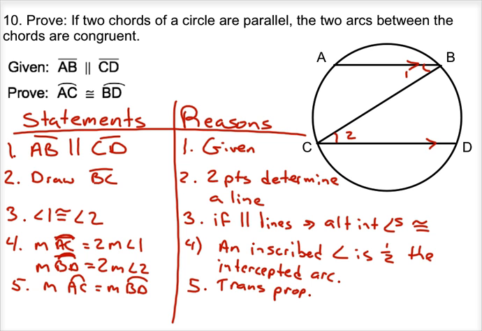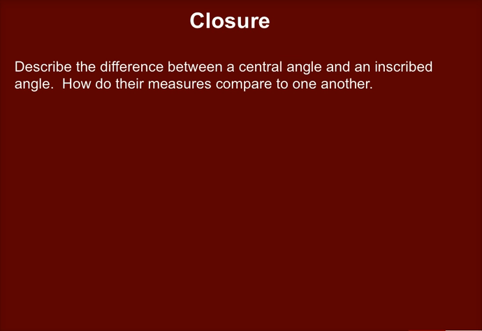And if the measures are equal, then the arcs are going to be congruent. And that's just definition of congruent. And your closure.